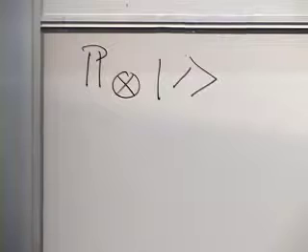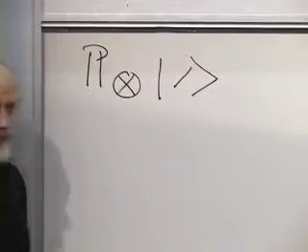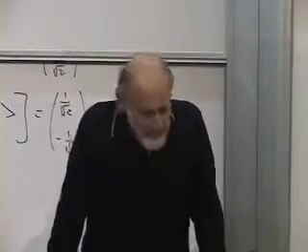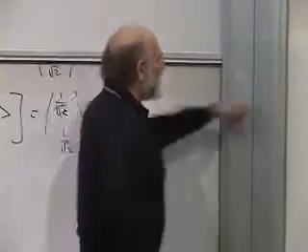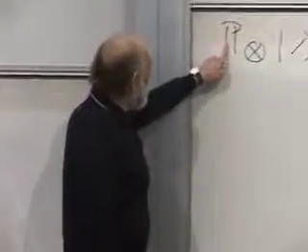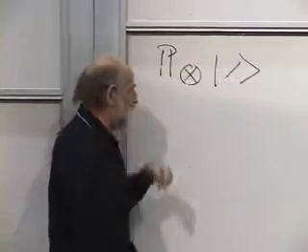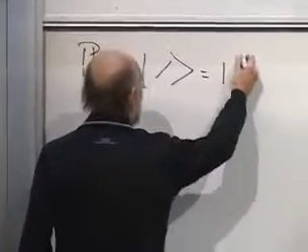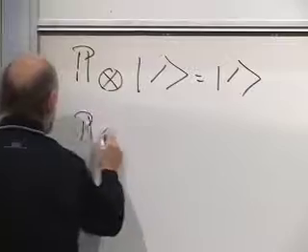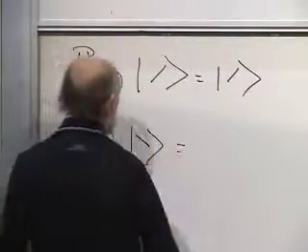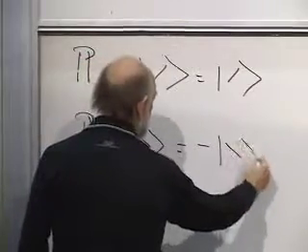Anybody think of names for the two vectors, the slanty vectors? Slash and backslash, good. So the observable associated with slash and backslash, I will define to be +1 on slash, and I'll define it to be -1 on backslash.